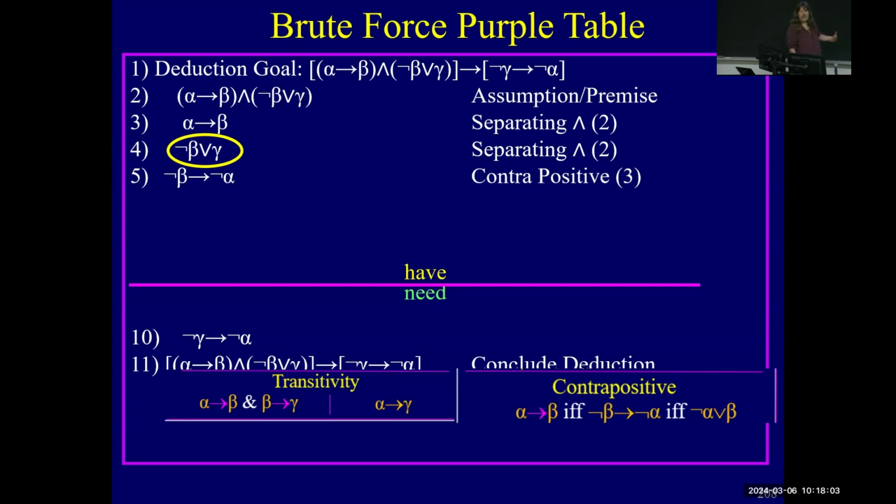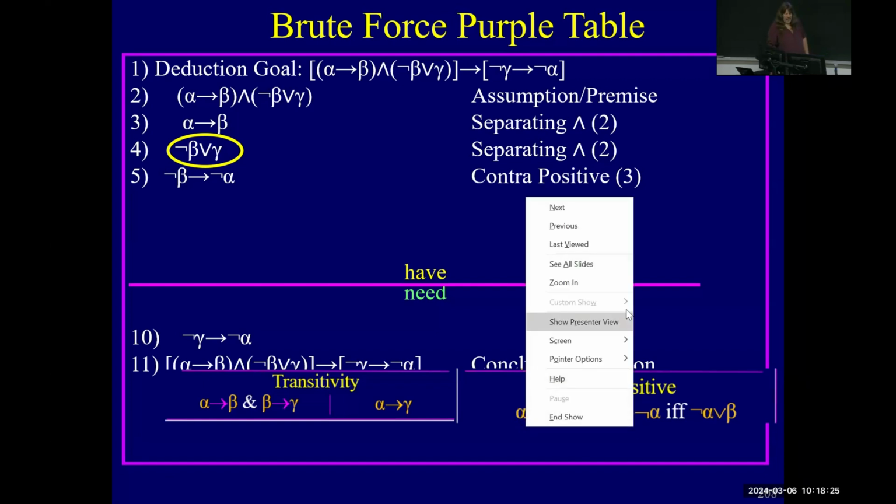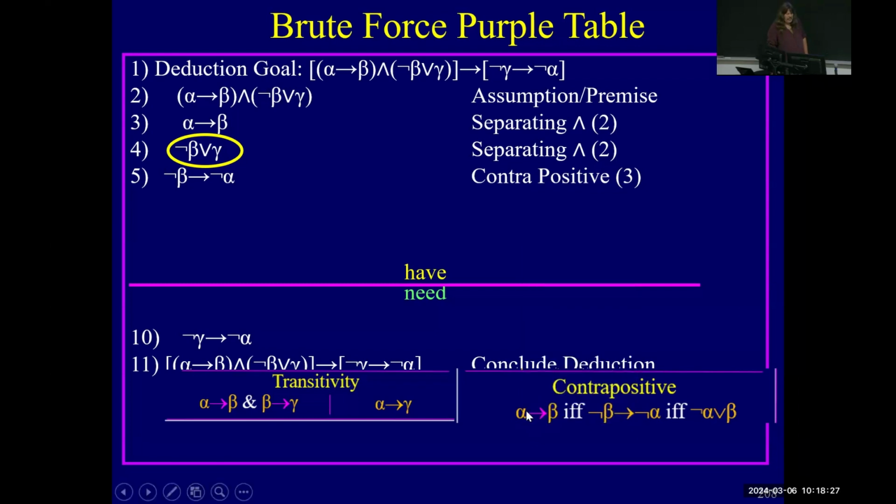Here, this says that the or can be turned into an implies, right? I mean, we can sort of do that by how do you prove the implies? Well, you can sort of prove it by deduction.